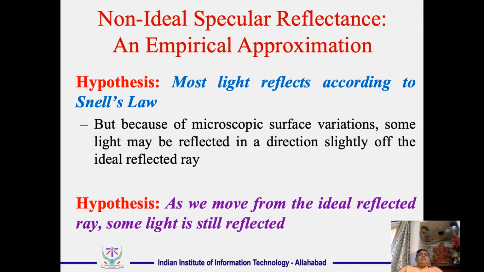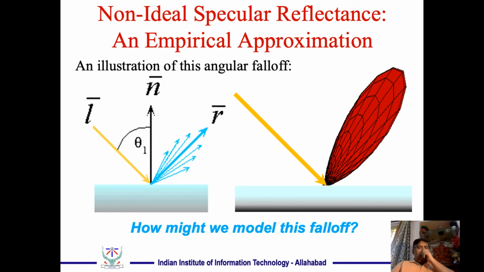The second hypothesis is, as we move away from the ideal reflected ray, some light is still reflected, but there is a strong attenuation. It is not uniform in all directions, but there is certainly a sufficient amount of radiation in other directions. Here you see non-ideal specular reflection and empirical approximation illustrated.